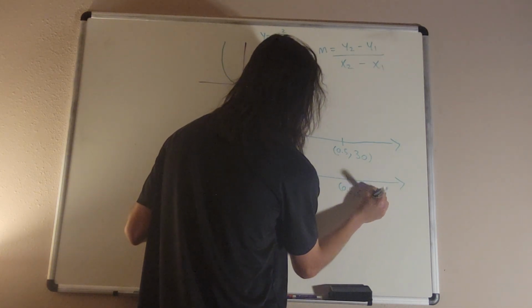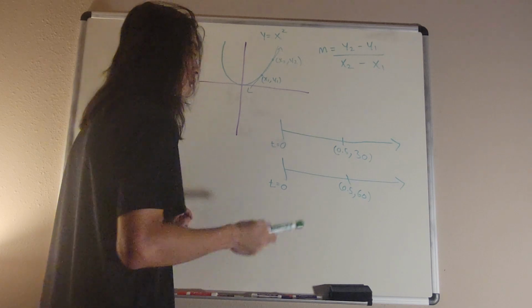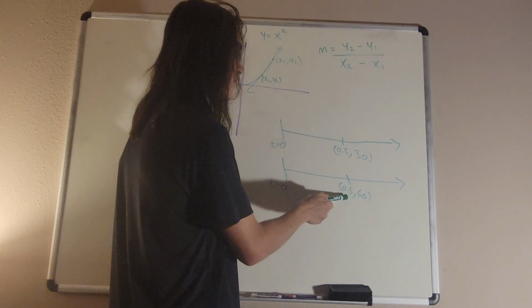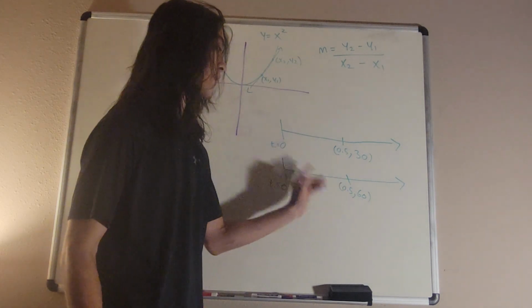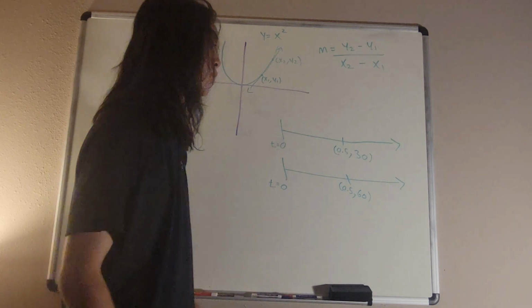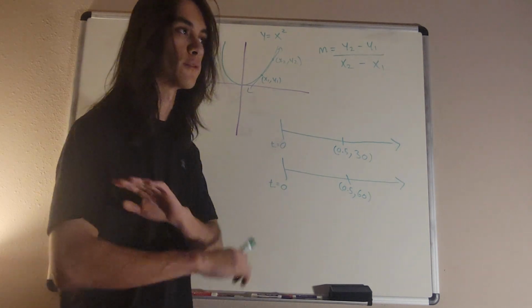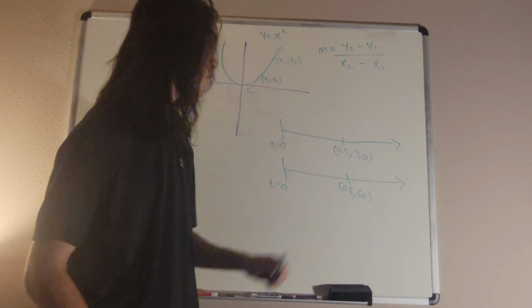Draw that here. So this is an instantaneous snapshot in time. We can look at time equals 0.5 or a half an hour, and we could say at that exact point in time, if we froze time, we are moving at 60 miles per hour.